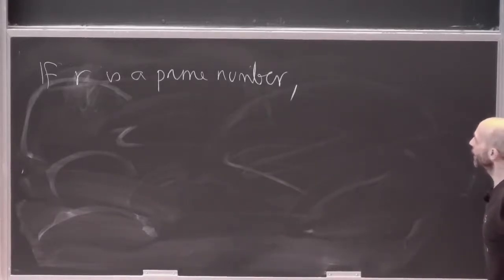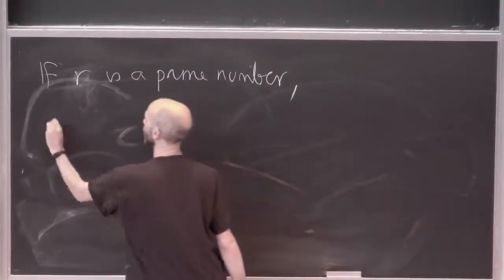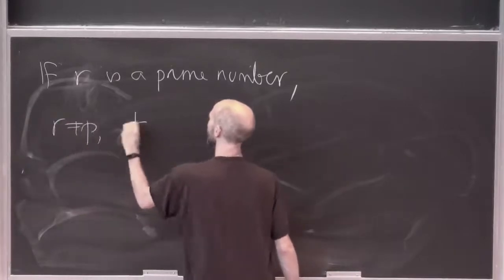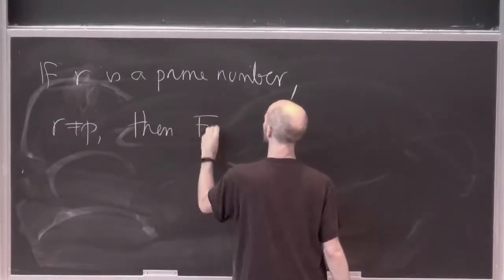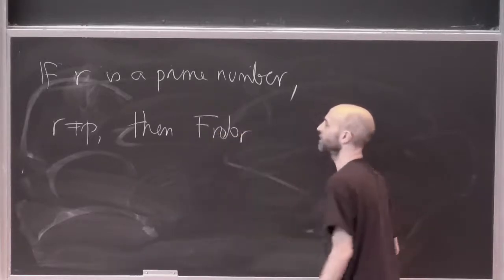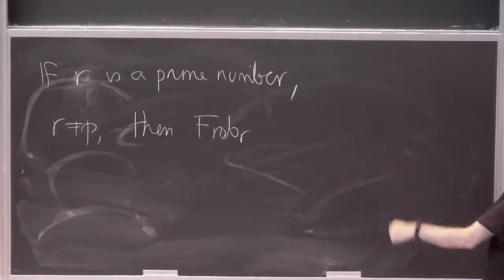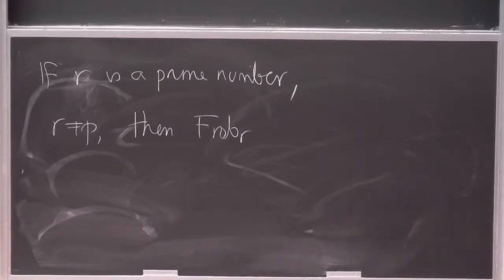Let's go with R. If R is a prime number, R not P, then I've just kind of indicated that Frob R is a conjugacy class, but because everything is abelian, we'll be able to identify that with an element.